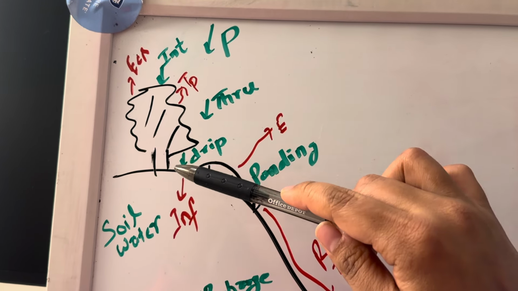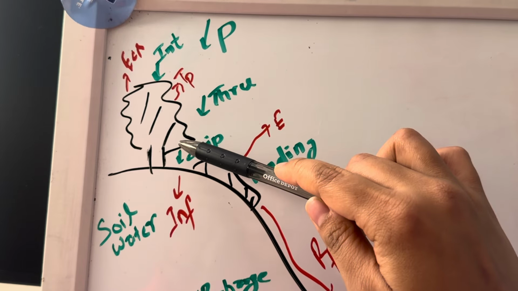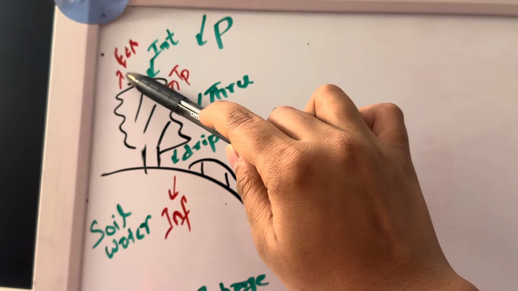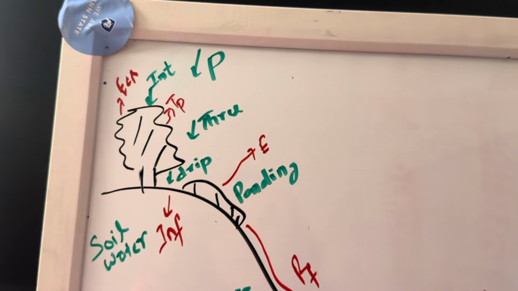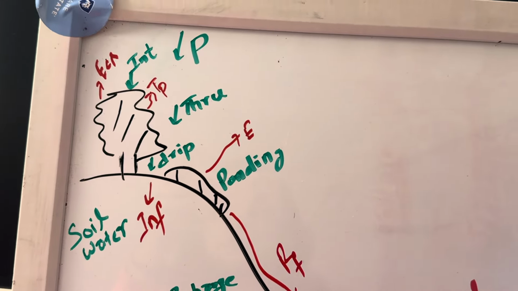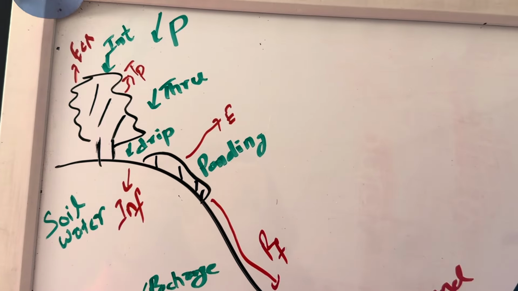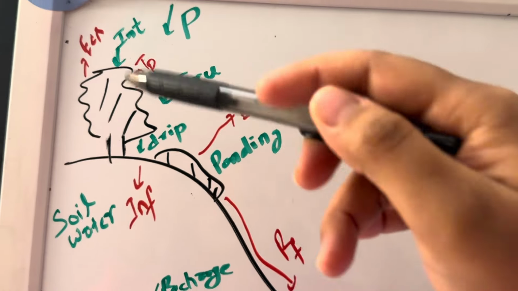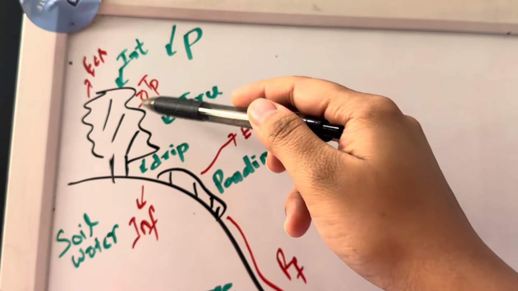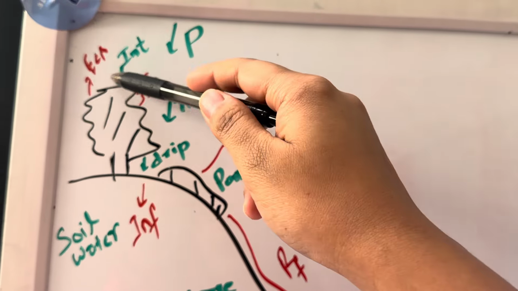Drip is the amount of water that goes down from trees or plants to the ground surface. ECS is the amount of water that is evaporated from the canopy storage. So for this, the mass balance equation is interception minus drip minus evapotranspiration.